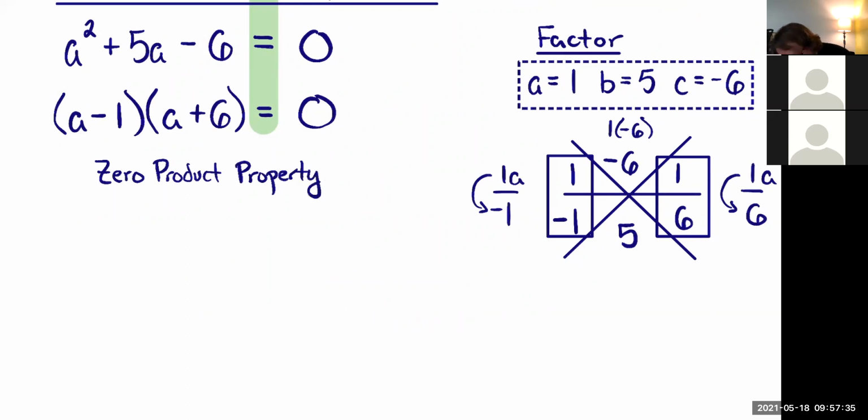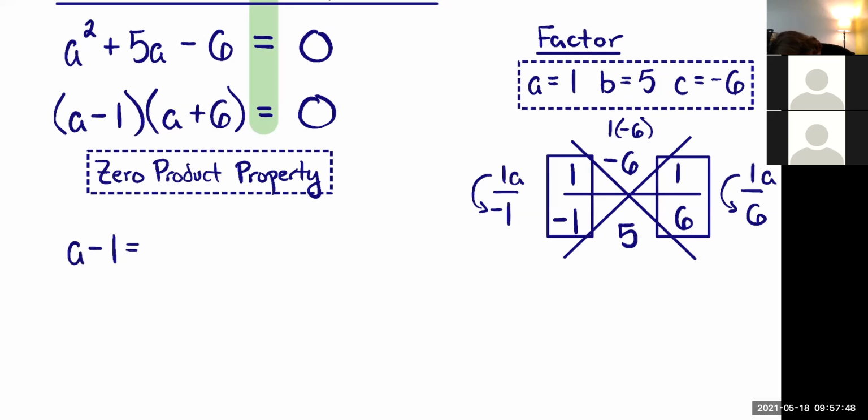Because if you have a product set equal to 0, then at least one of those parts of the product themselves must equal 0. So either A minus 1 equals 0, or A plus 6 equals 0.